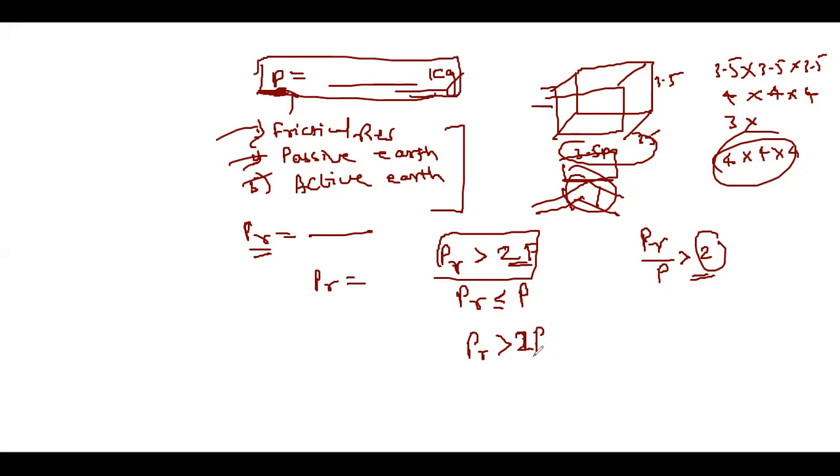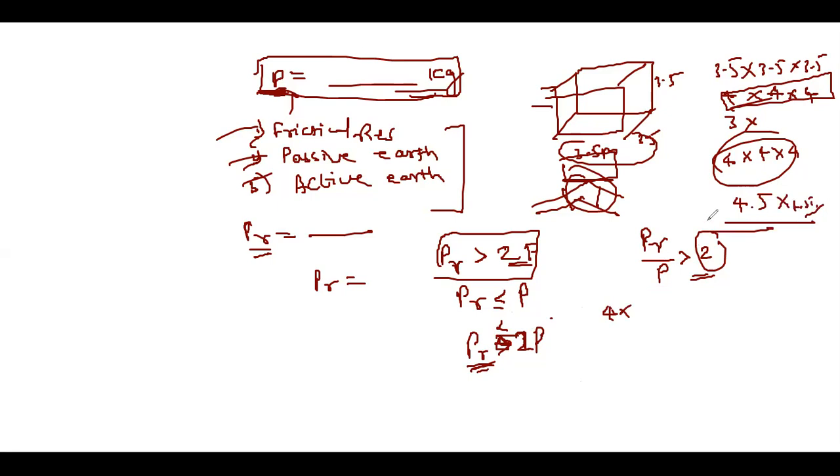Now if this value is coming greater than twice P, then we consider this as the dimensions of the thrust block. And if even after taking 4 by 4 by 4 this value is coming less than or equal to twice P, then again we go for other dimensions, that is 4.5 by 4.5 by 4.5.